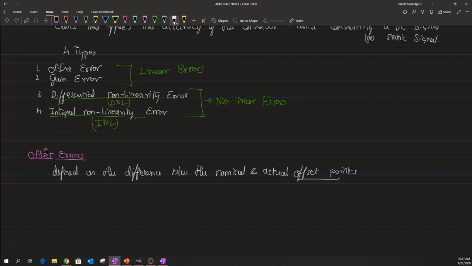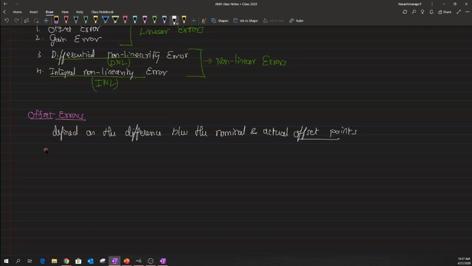In order to define this offset point, I have to talk in terms of the data converters. So let me define the offset point definition. The offset point definition basically differs with respect to the converter that I am using.